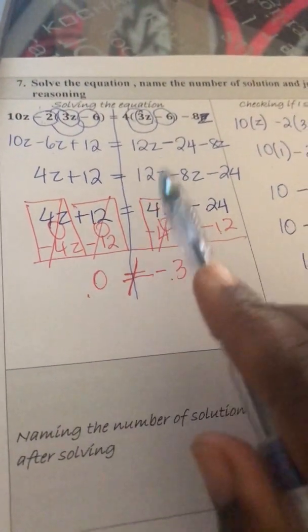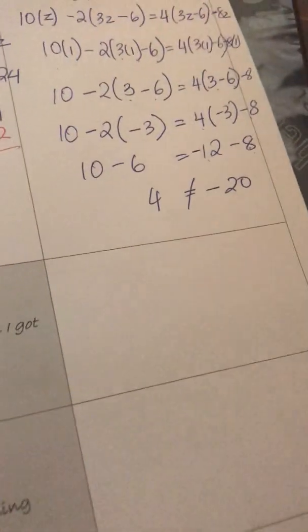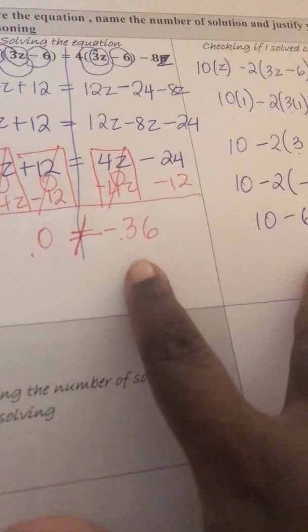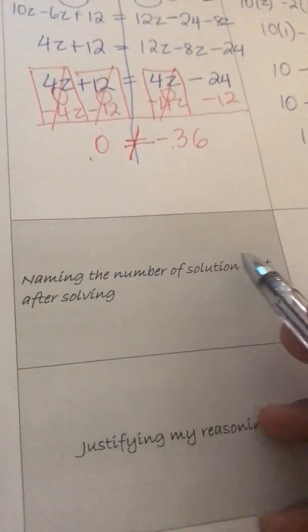There you go. So for no solution, your check will also have different answers, as in your left and your right will not look the same for both your solving and for your checking. For this to be correct, these two should not look the same. The left and your right should not look the same here and also in your check. Okay? So naming the number of solutions I got after solving, no solution.